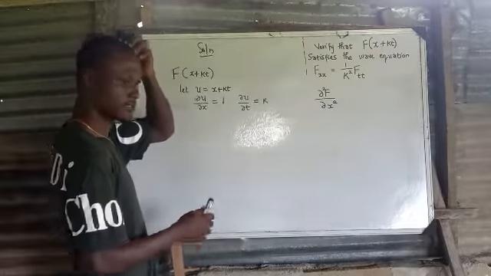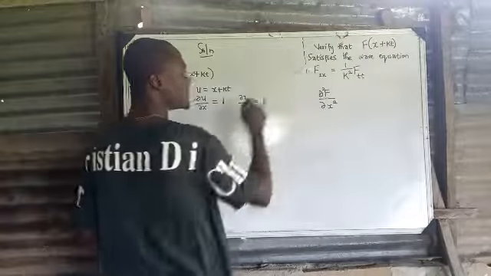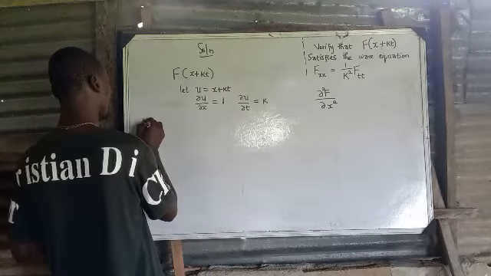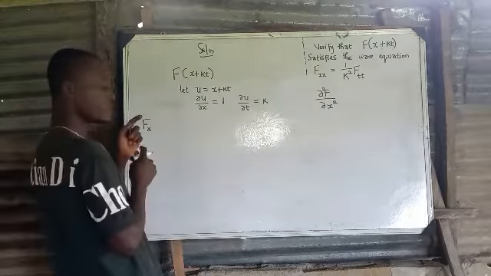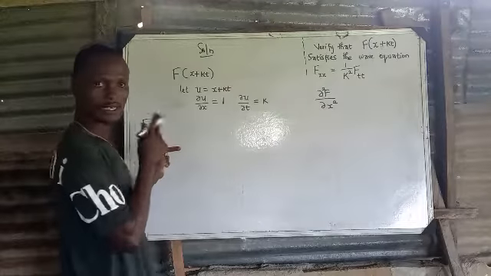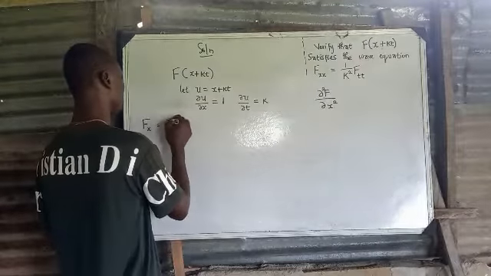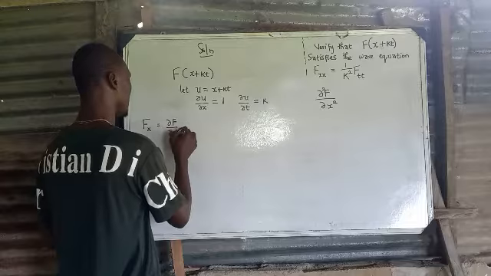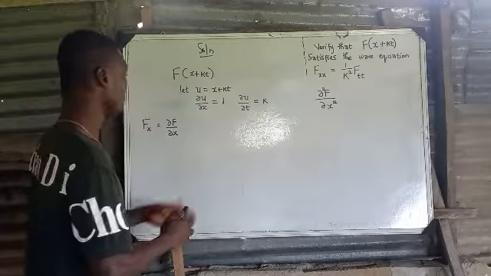Now let's come back to that. I told you I will first find the first derivative, so we'll find f_x first. When you see f_x, you can write it as partial f partial x.